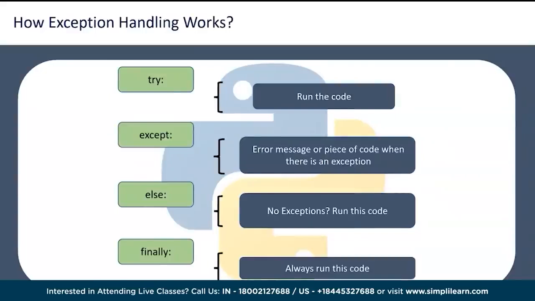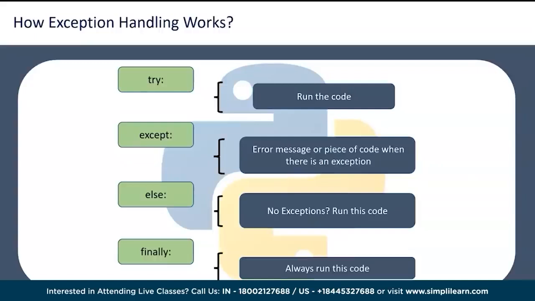Now, how does exception handling work? There are certain syntaxes in Python which you need to follow. Generally, you put the code for which you want to handle the exception under a try block. You run that piece of code under a try block, and then you put an except keyword where you throw an error message.